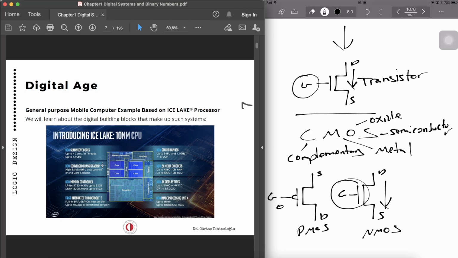When you apply 0 volts, you're allowing the current to go from one end to the other. That's the difference between PMOS and NMOS. They are complementing. So when this is on, when you apply 0 volts, this will be off. Because the gate over here is 0, you're not allowing the current to go through.